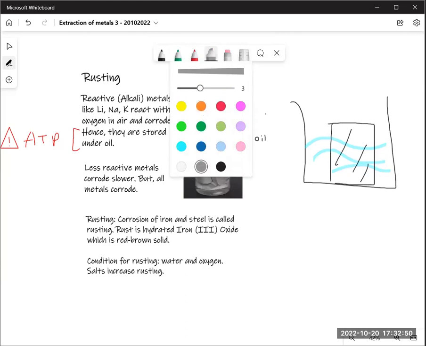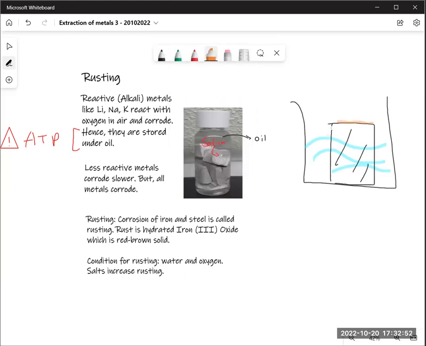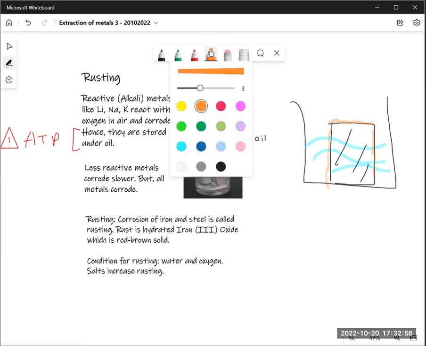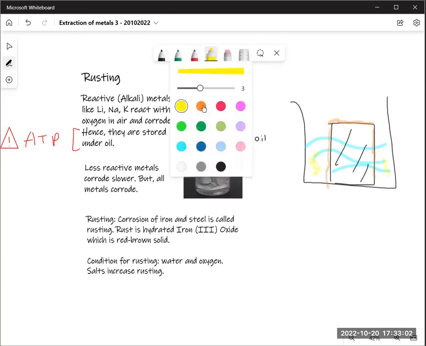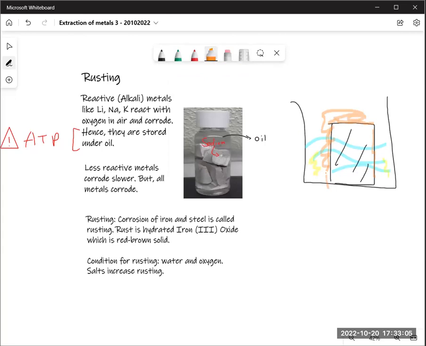After rusting, you'll see some orange stuff on the surface like this. I've shown you what rust looks like. Now, if you add some salts in the water, the rusting process will increase and be faster. You'll have much more rust here. So if you put some salt in water, it will increase the rusting process.